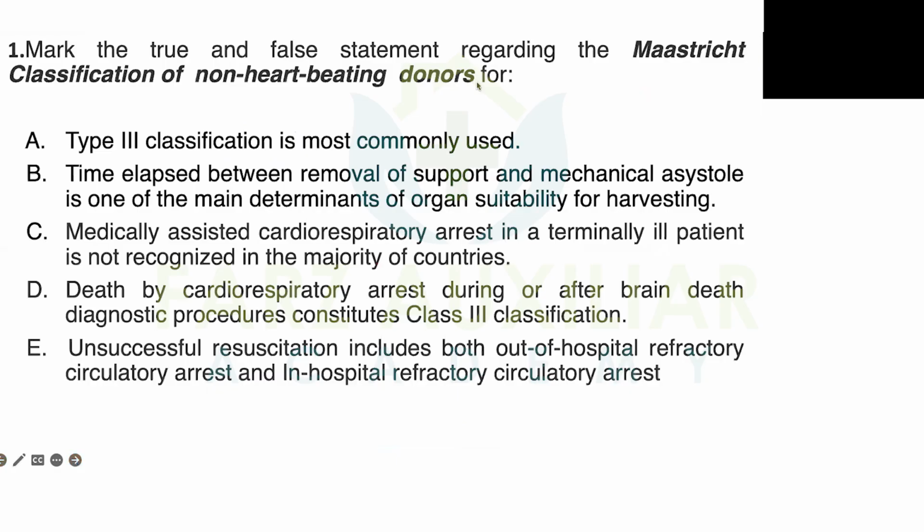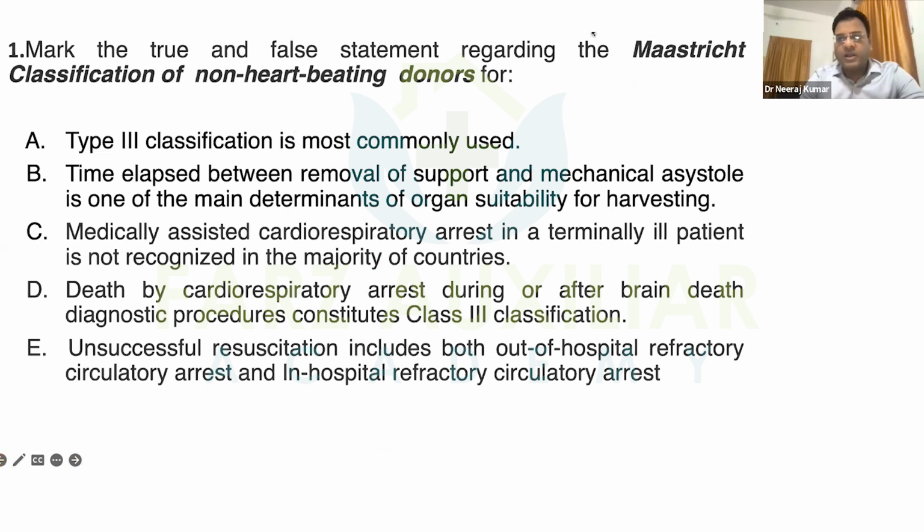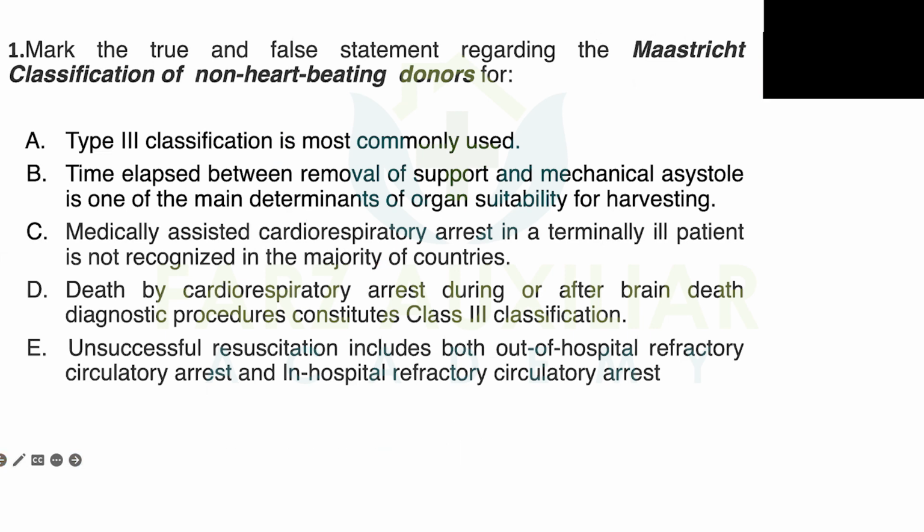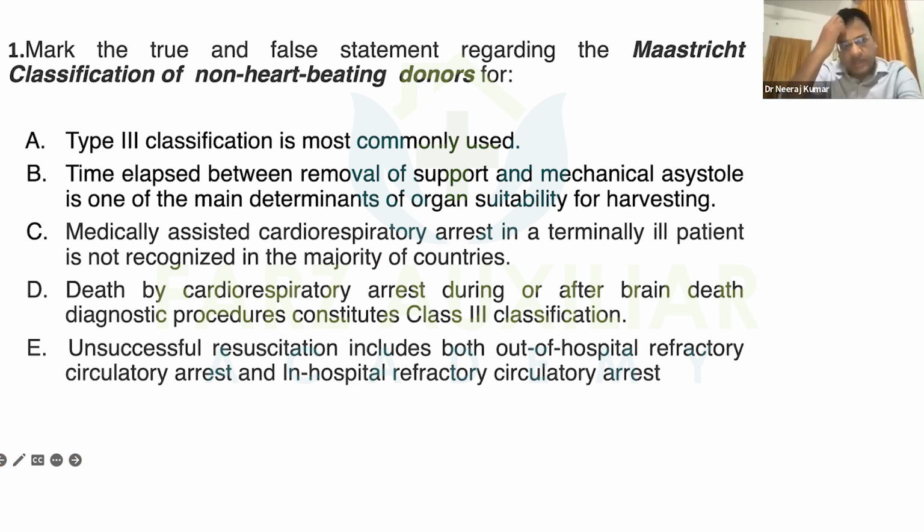The first question is related to non-heart beating donors, and you have to mark true or false for statements regarding the Maastricht classification. The first option is that the type 3 classification is most commonly used.